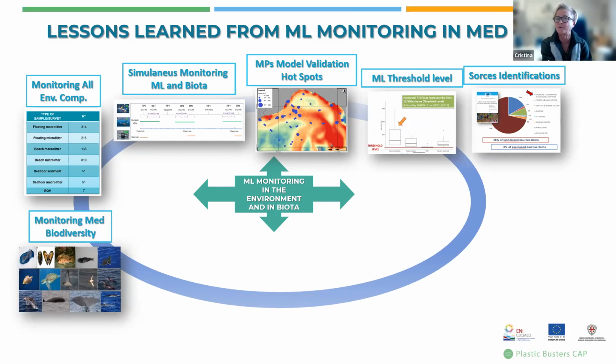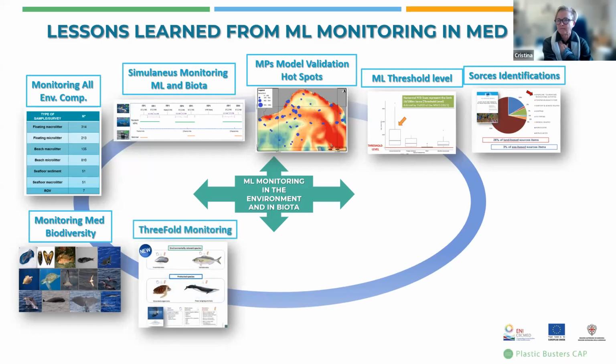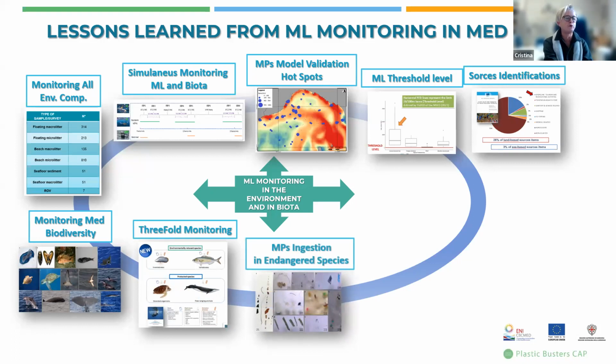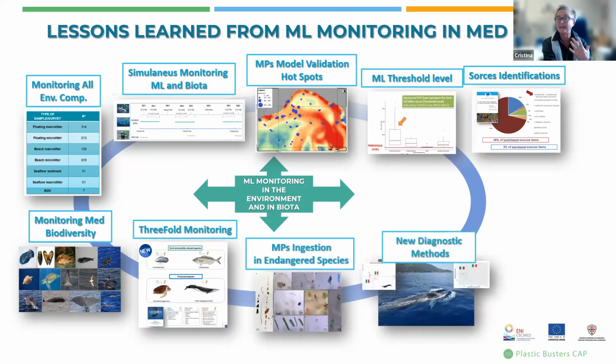But if you want to come to my job, which is defining the impact on biodiversity, I strongly support the idea to investigate a wide range of species using a more complex approach, such as the threefold monitoring approach, including endangered species, because they have a very important role in the ecosystem and also in terms of communication, because saying that whales are exposed to marine litter strongly impacts people more than saying mussels are exposed.